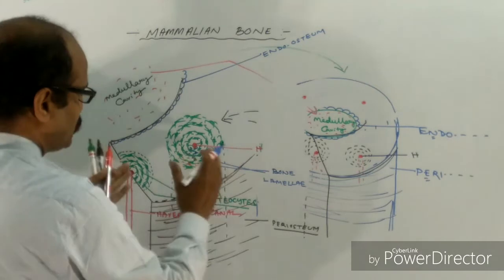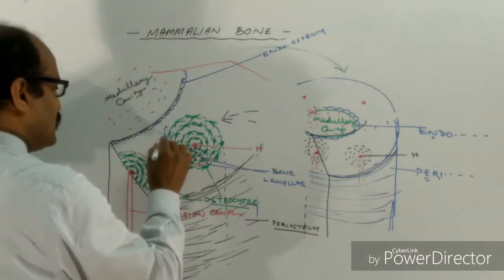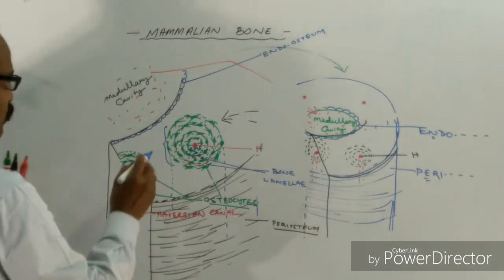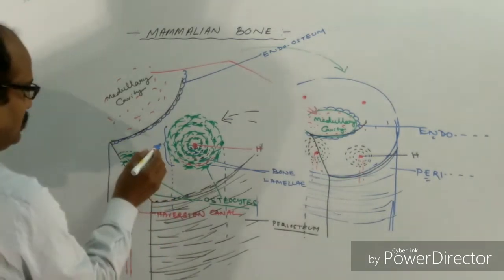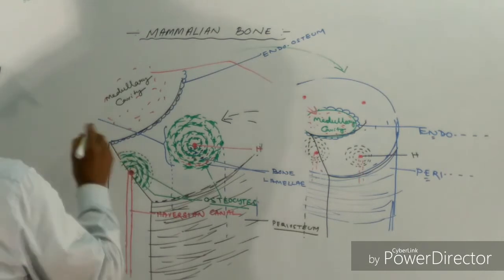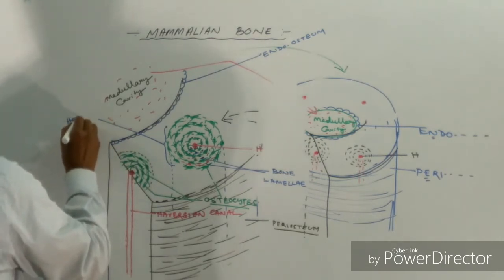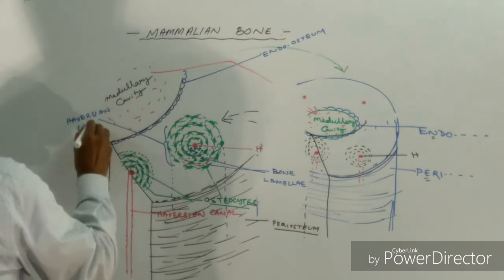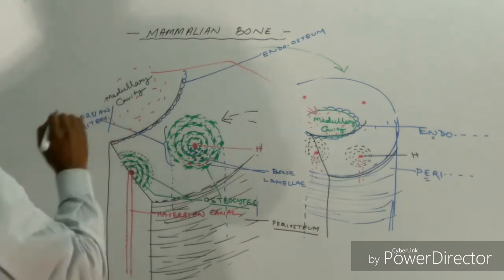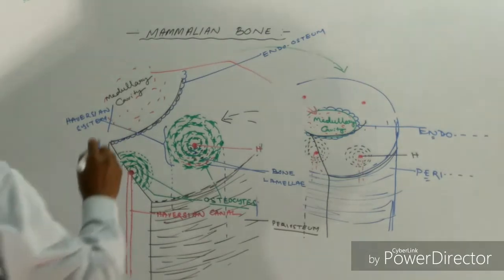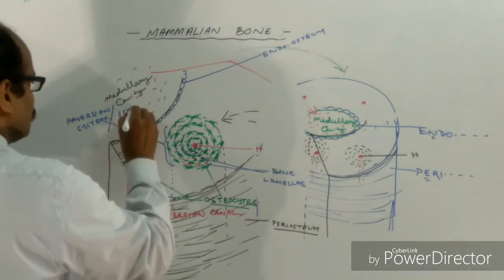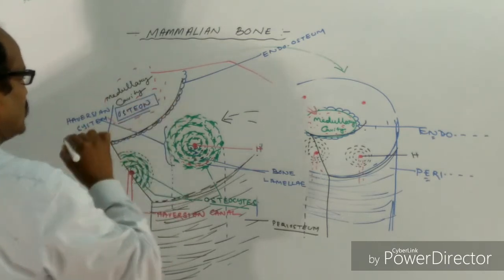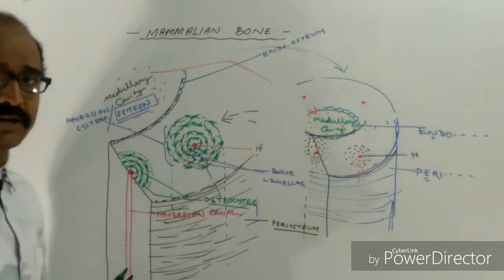Such a cylindrical three-dimensional structure of mammalian bone is known as the Haversian system, or it is also known as osteon. Osteon is known as the unit of mammalian bone.